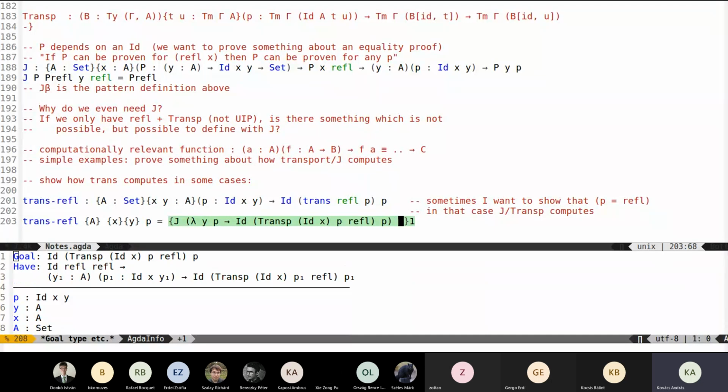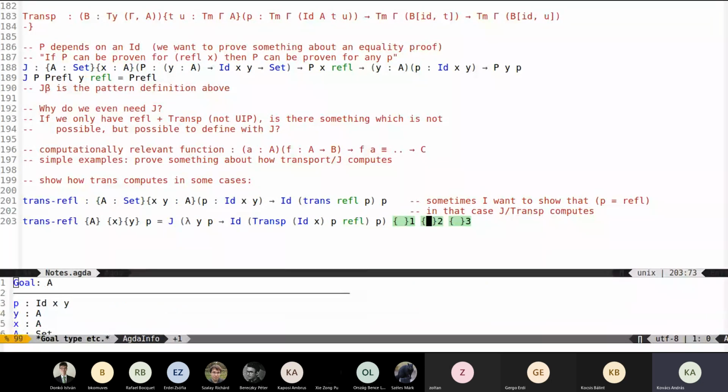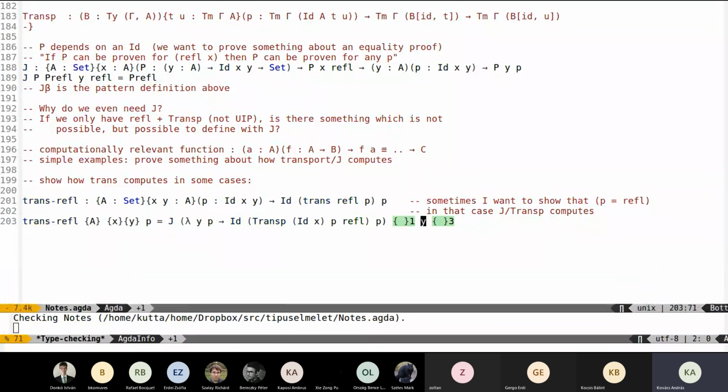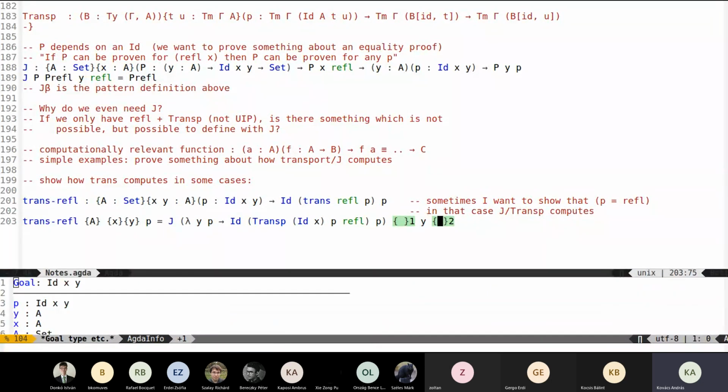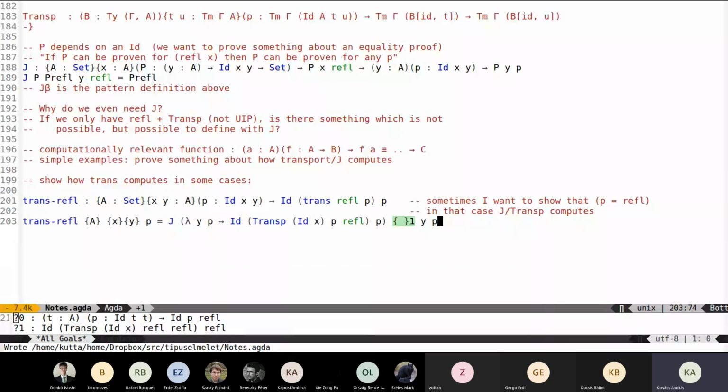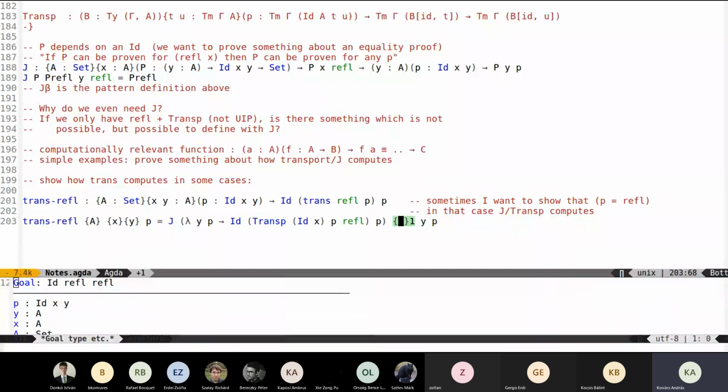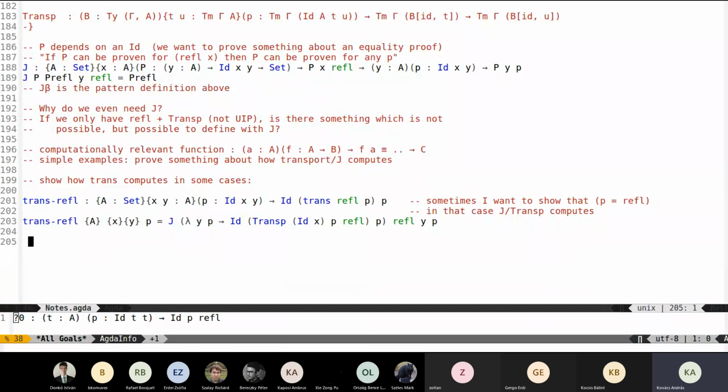So now I only have to write the Y, I have to write P, and now I can just write refl. So J allows me to rewrite some P of ID X Y to refl X in the goal type.